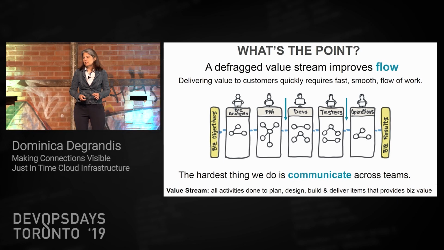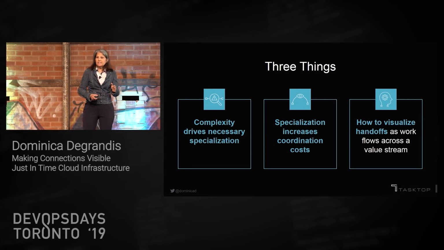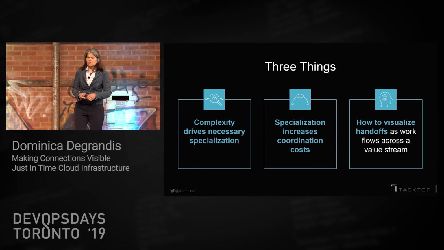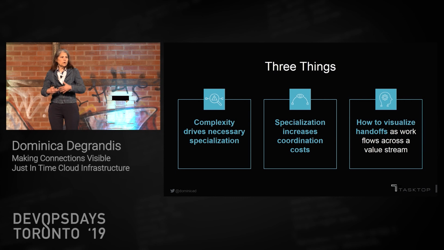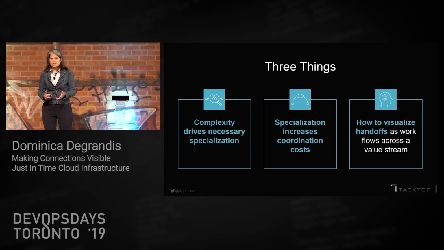The hardest thing we do is communicate across teams. And so that's why I'm talking about these three things today, right? Complexity drives necessary specialization, because the more we scale, the more people, the more complexity we have, the more we need specialized people. But this specialization increases coordination costs across different teams.